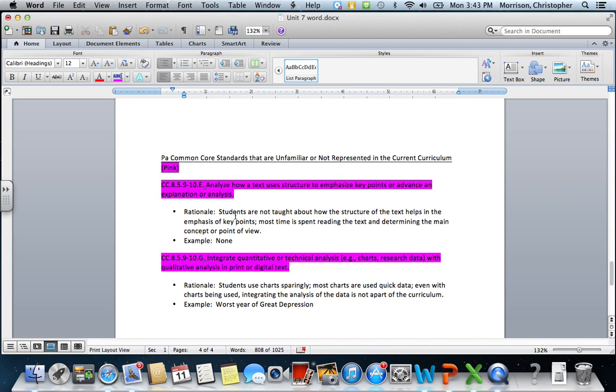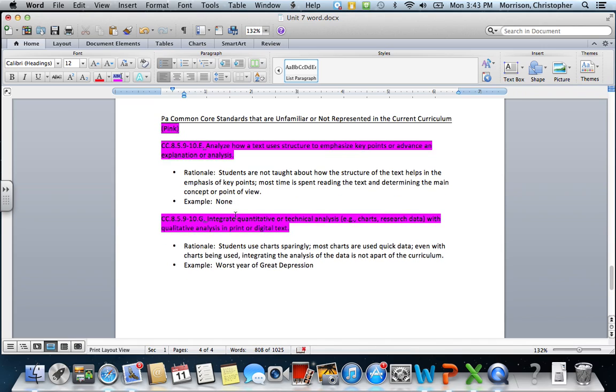That's what I think the standard is asking, and I don't do that. I guess that's something that I feel is geared more towards an English teacher, but obviously based on the Common Core standard, it's something that I need to introduce and implement into my lessons and instruction.